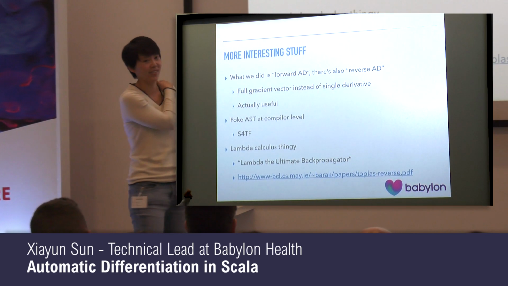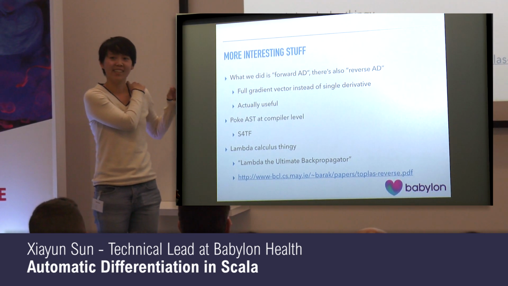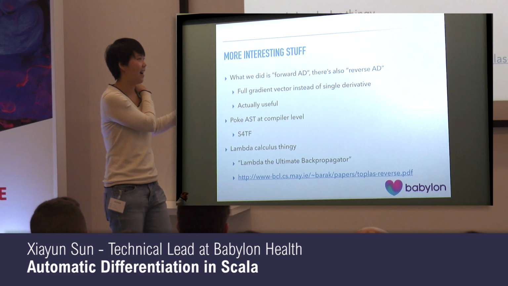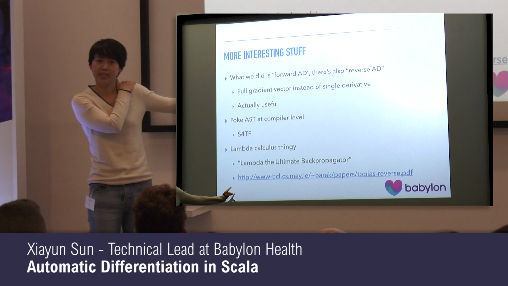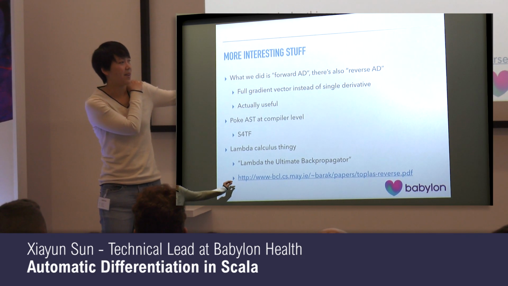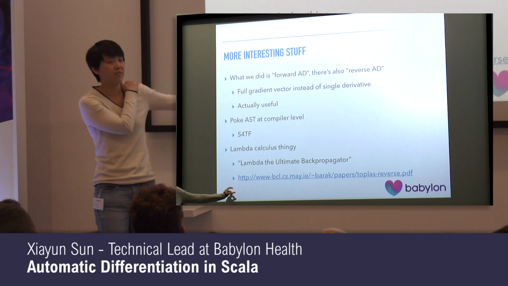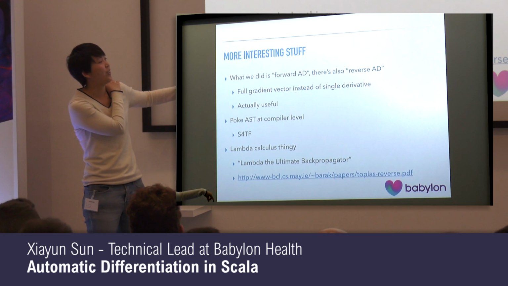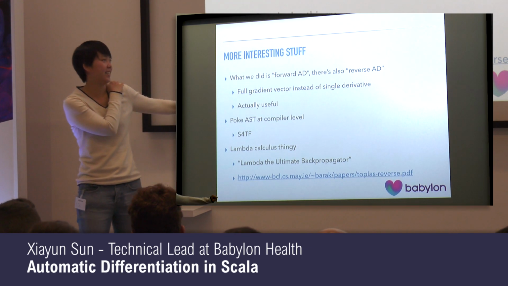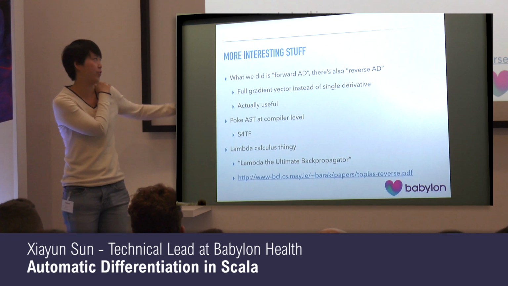And then lambda calculus, which is the holy word in functional programming. This is a paper that I gave up on page 3. But I have a gut feeling it's a very good paper, so if you think you can make it, then it's probably a good read.